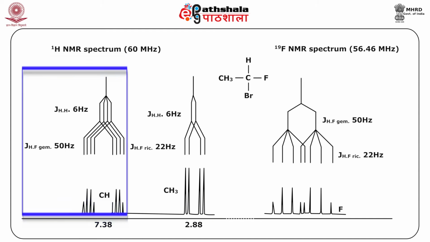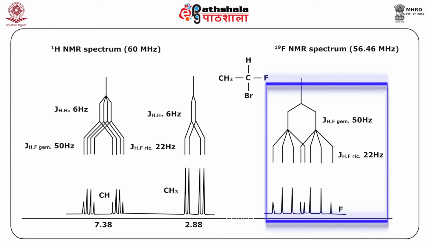The CH signal is split into a quartet by methyl, whose coupling constant is 6 Hz, and then each line is further split by a large geminal hydrogen-fluorine coupling, whose coupling constant is 50 Hz. The CH signal therefore appears as a doublet of quartets.